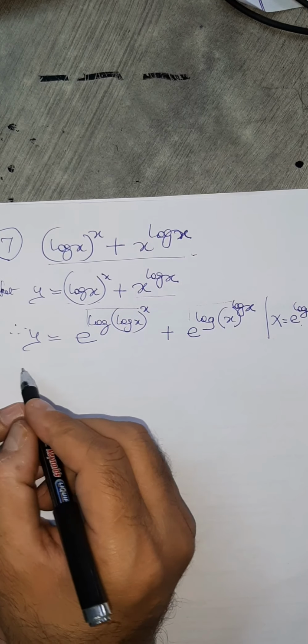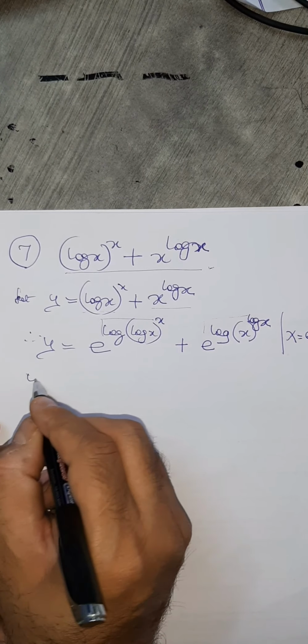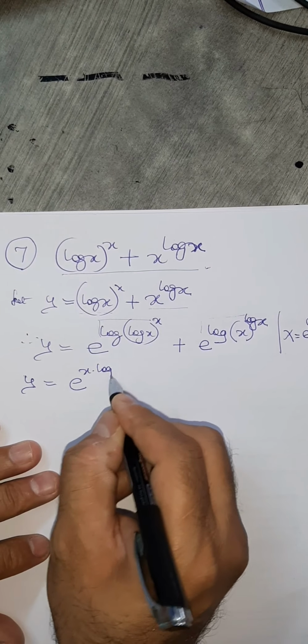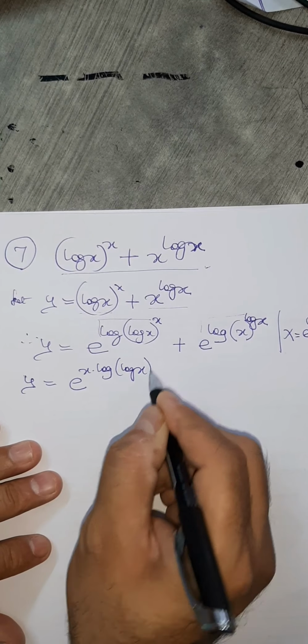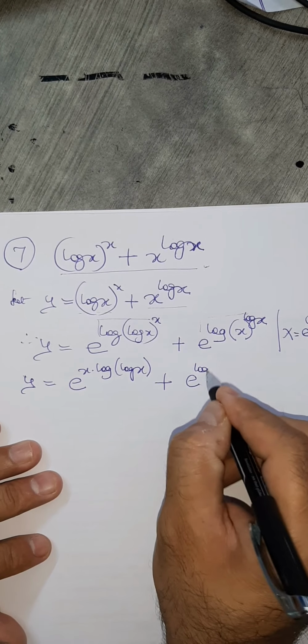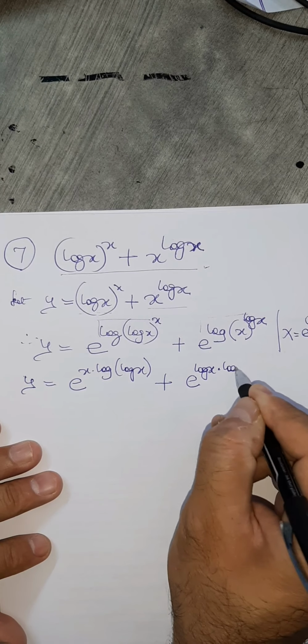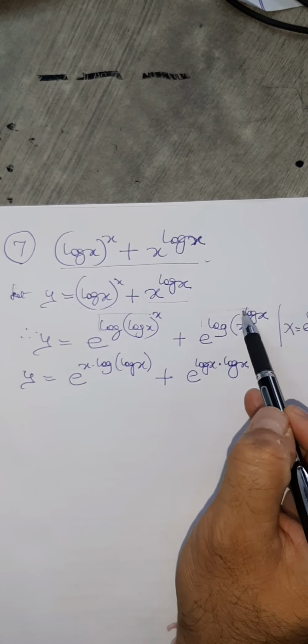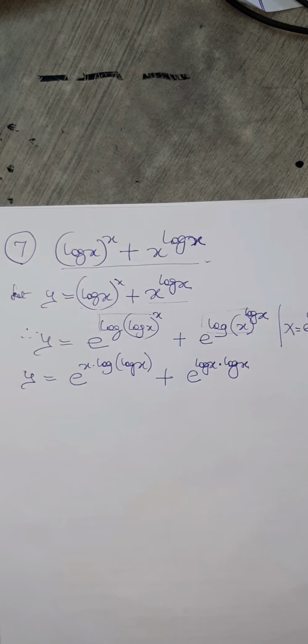I need to take this one in product. So therefore y equals e raised to x into log of log x, plus e raised to, this will come in product, log x into log x. This log will come in product and log x here, remember.